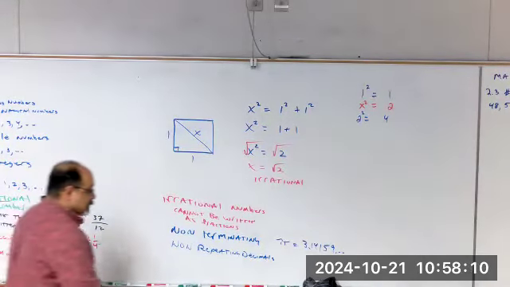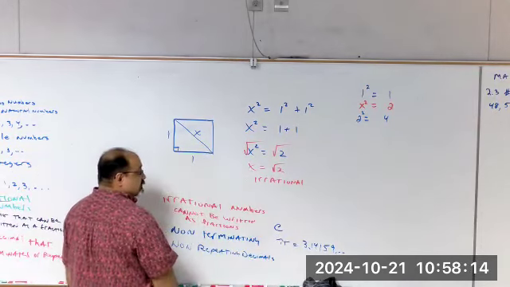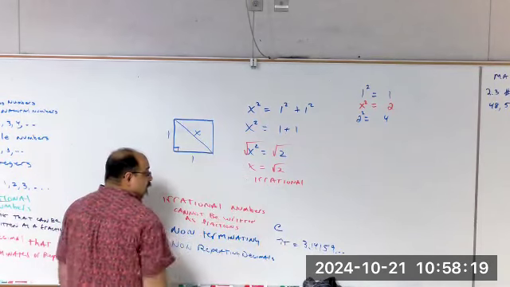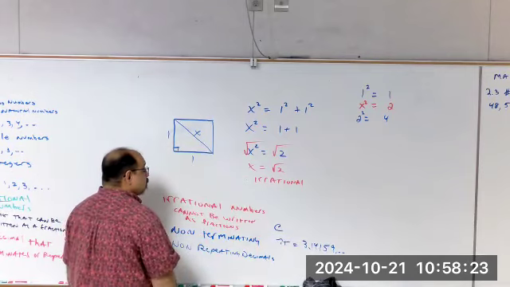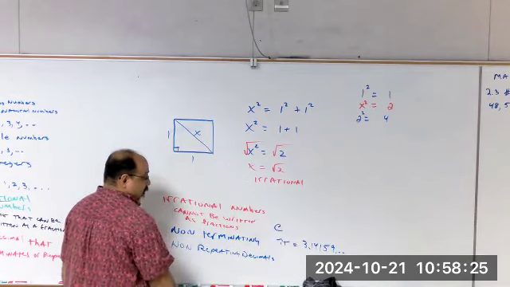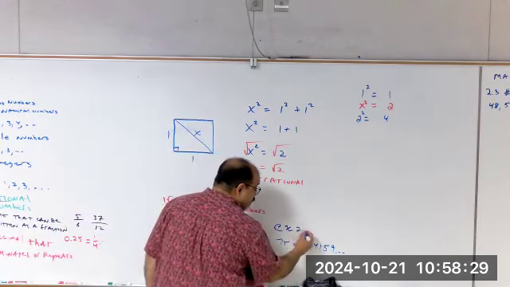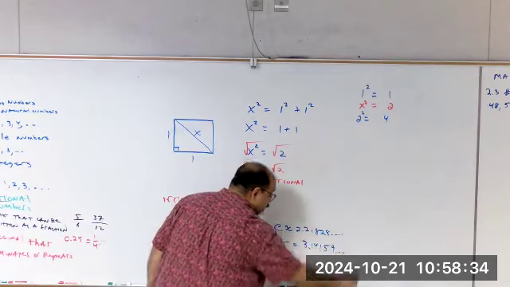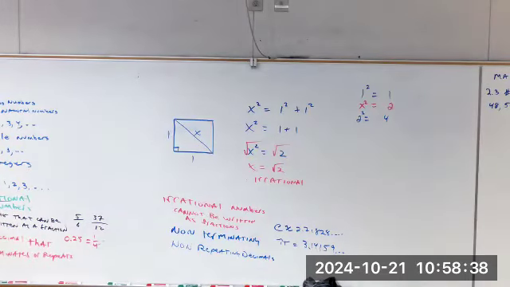Another irrational number that you will meet this semester is the number e. When we do logarithms, e is the natural logarithm number, or natural exponent number. And it is approximately 2.71828, but it goes on forever, doesn't have a last digit, never repeats a pattern. So what do we do? We just use e.